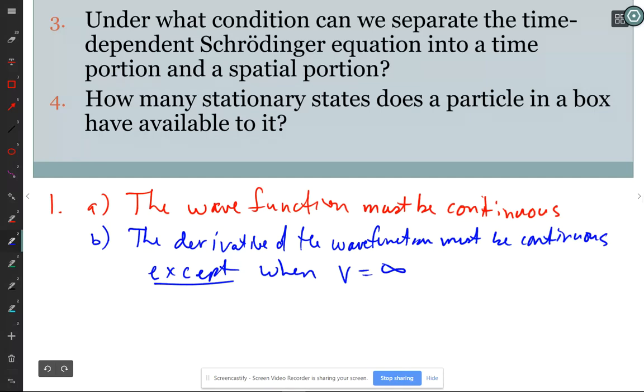And since our boundary was V equals infinity, we were at the exception, so we didn't apply that one. So that was the one for extra credit, the slope being continuous. And as I said when we talked about it, we will later on see exactly why that is and what it is if it's an infinite potential instead of a finite potential.